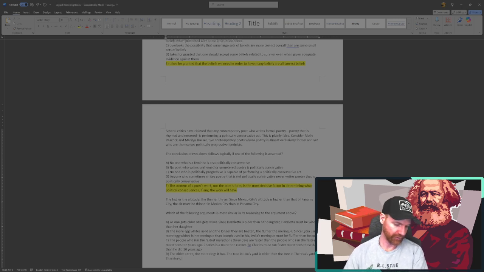Therefore, the tree in Lou's yard must have more rings than the tree in Teresa's.